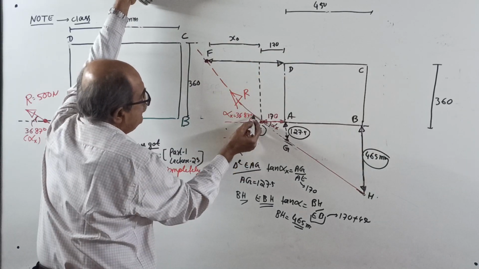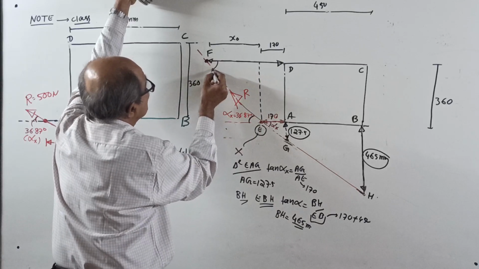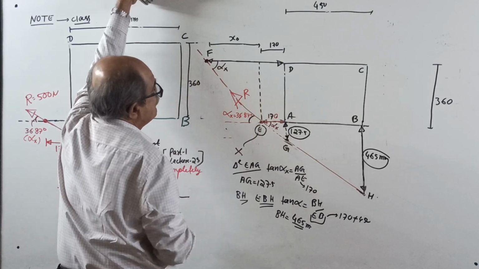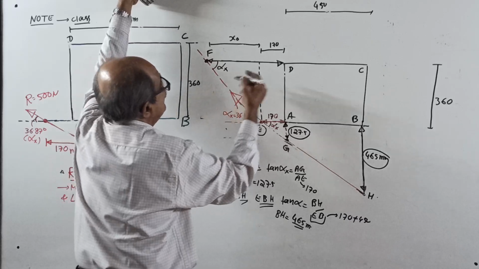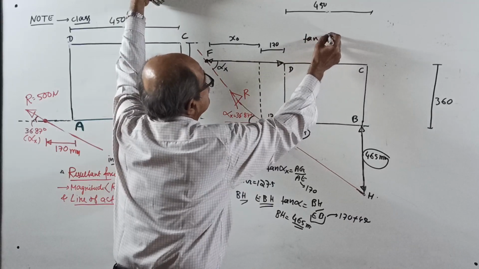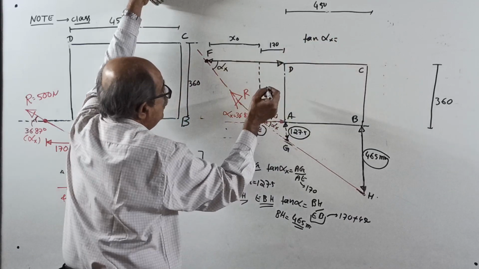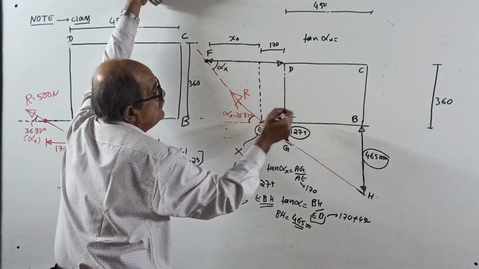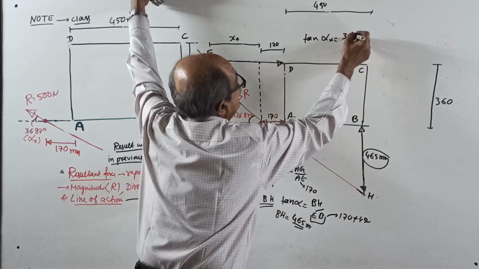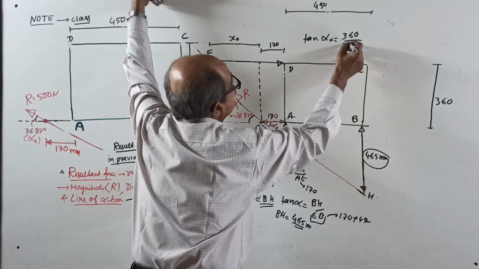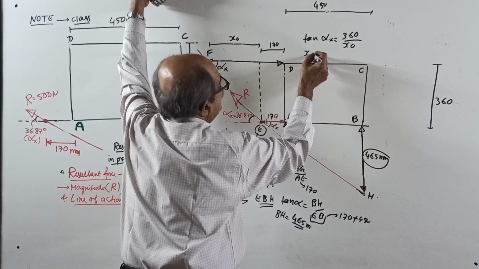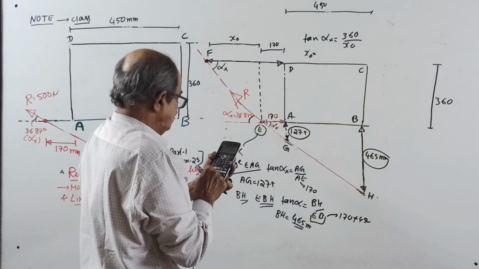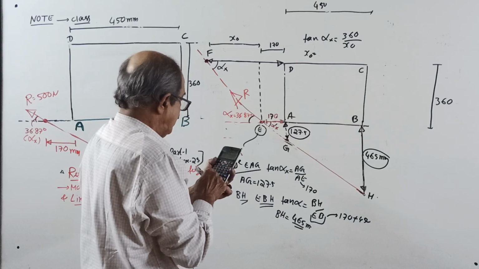Now remember, this is alpha x, and this also is alpha x only. Now, see here. Tan alpha x equal to this side, 360 divided by x naught. Therefore, your x naught equal to 360 into tan 36.87.